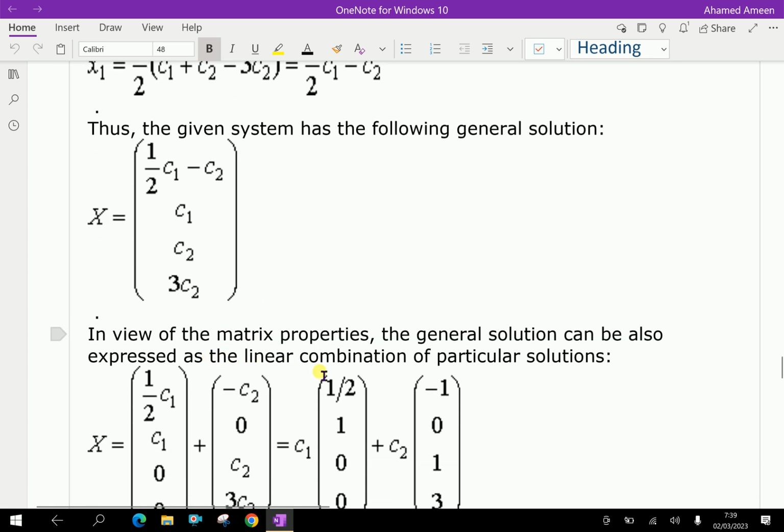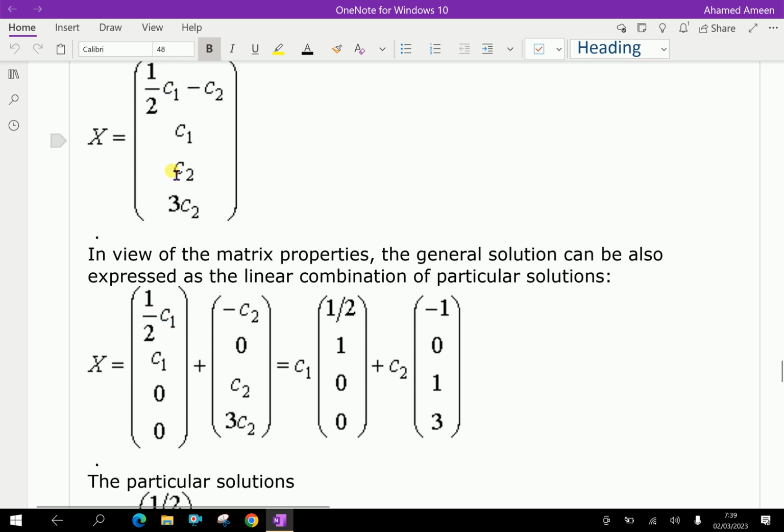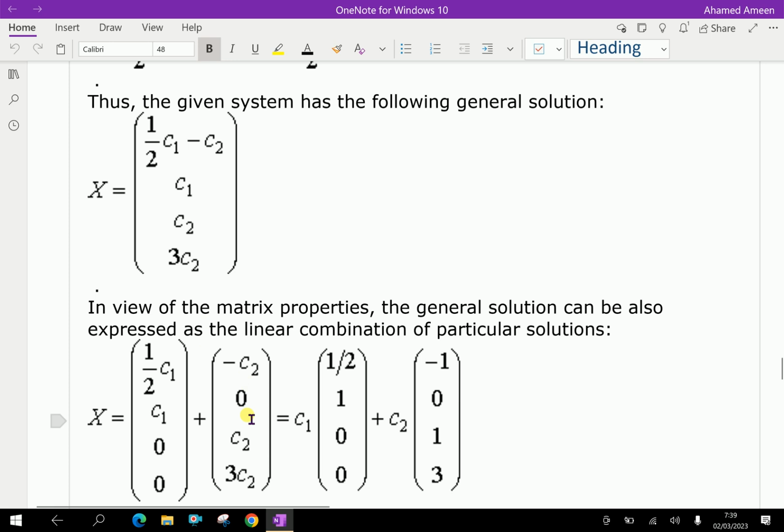In view of matrix properties, the general solution can also be expressed as a linear combination of particular solutions. Look here: x equals the first solution, half c1, 0, 0, plus this one, minus c2, 0, c2, 3c2.